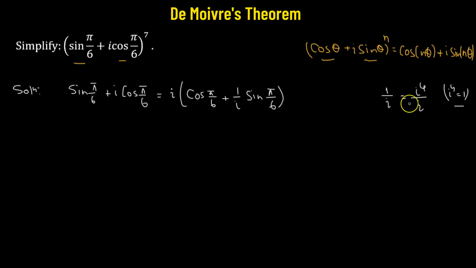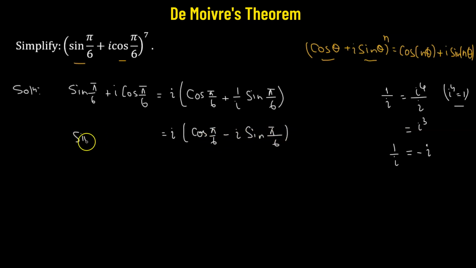So we are using this particular fact here. But this means we have iota cubed, and iota cubed is negative iota, meaning 1 over iota is also equivalent to negative iota, which becomes iota multiplied by (cosine pi over 6 minus iota times sine pi over 6). So this is the value of sine pi over 6 plus iota times cosine pi over 6.